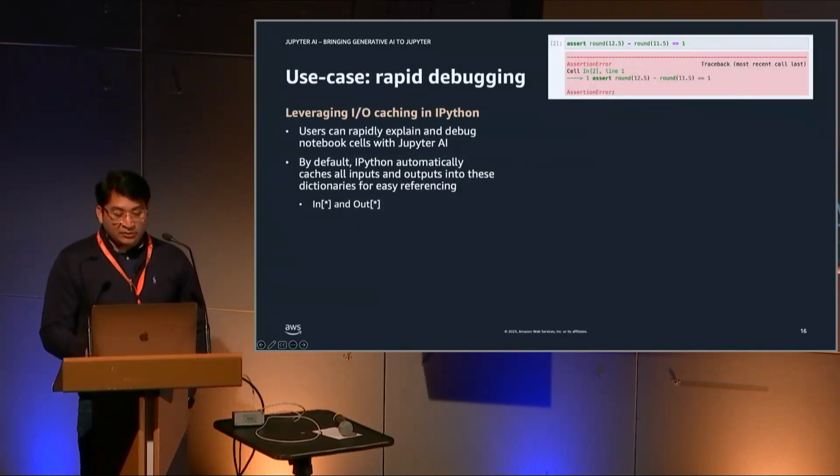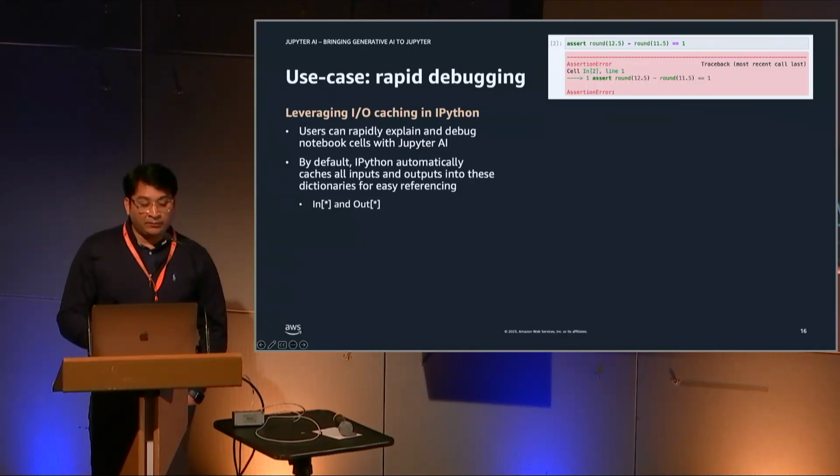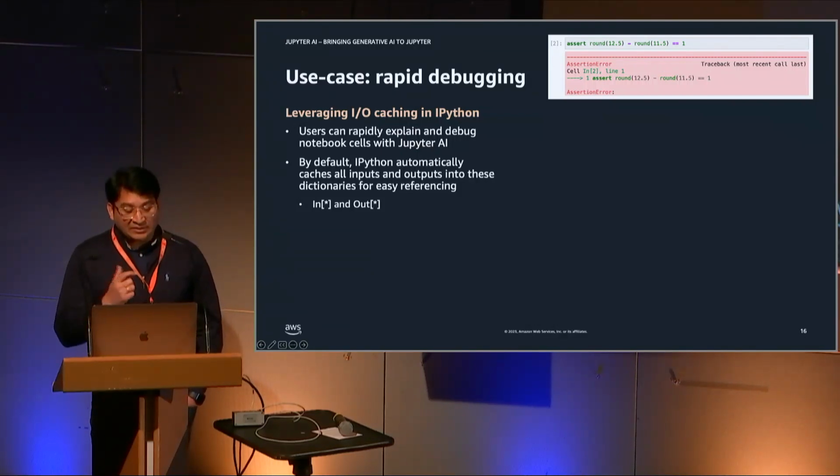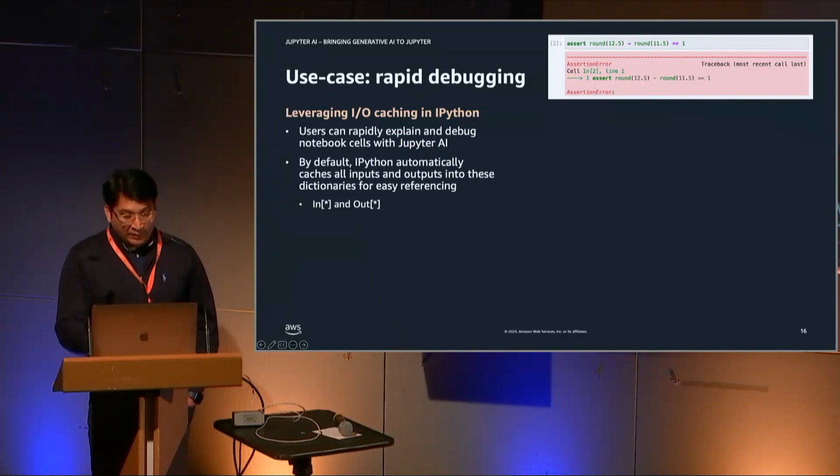There's a cool feature in IPython magics. There are these special variables, In and Out, that basically store the values of the cells' inputs and outputs. And you can use Jupyter AI to take those inputs and outputs as context to the LLM, and I'll show an example of that. On the right, you can see that I have this statement asserting two values here, and that assertion is failing.